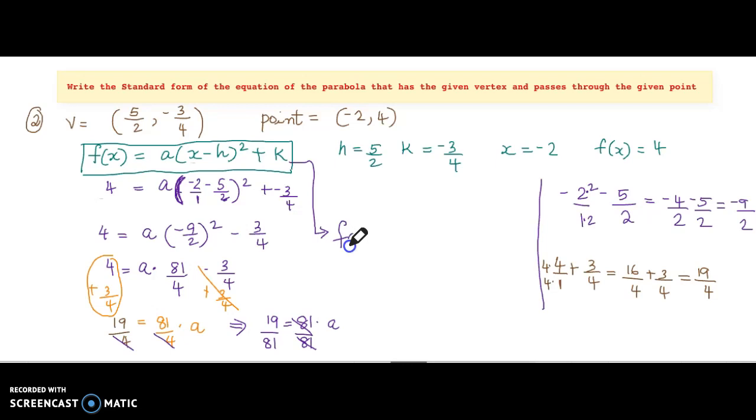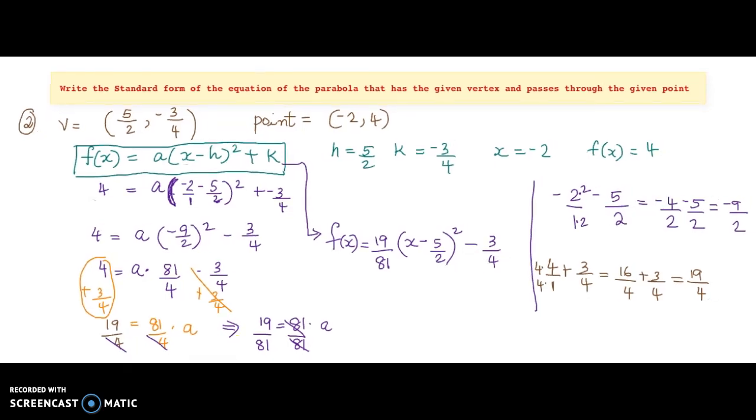So your final answer is f of x is equal to, instead of a, we plug in 19 over 81, times x minus, instead of h, we plug in 5 over 2, the whole square, plus, it says plus k, but k is already a negative number, so plus a negative becomes minus 3 over 4. So that is our solution for this problem. That is our final step.